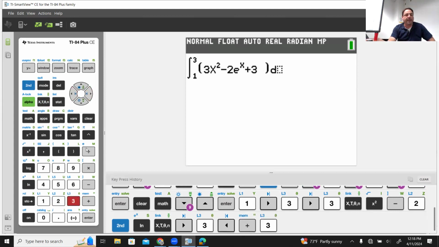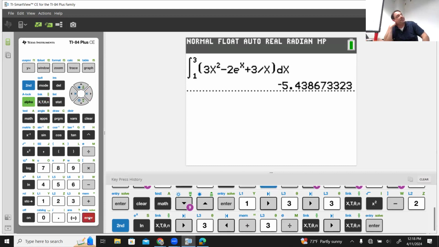I'm going to put 3 divided by x. And then at the end, it wants an x. At the end, you put an x, enter, and you get the same answer, negative 5.44.